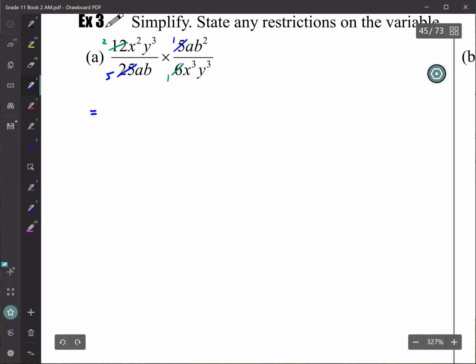So now I will just multiply across: top times the top, bottom times the bottom. So I get 2x squared y cubed ab squared. I'm not reducing the variables yet, so it doesn't get too messy when I cross things out. Denominator, you have 5abx cubed y cubed.